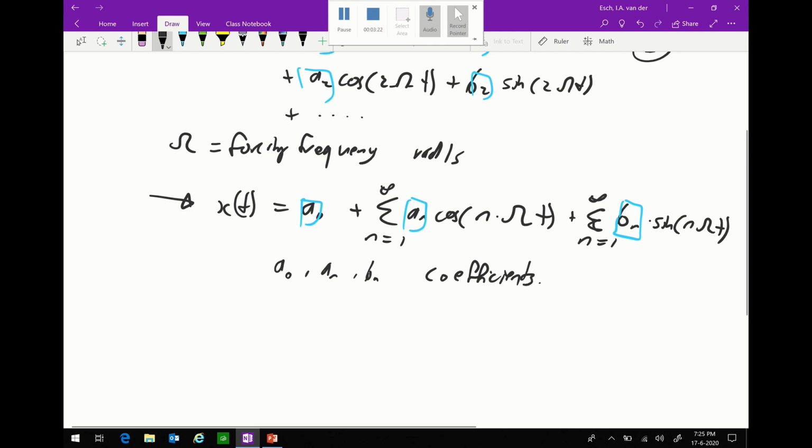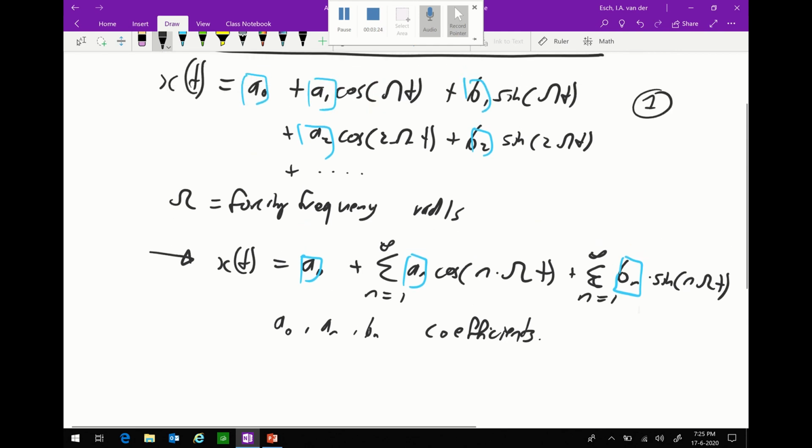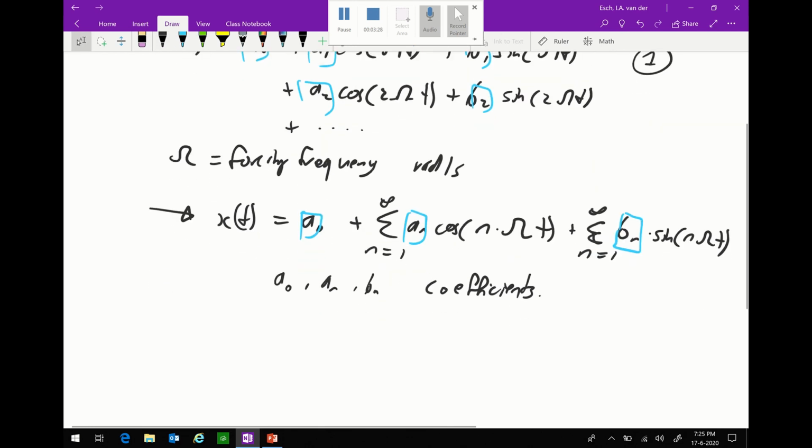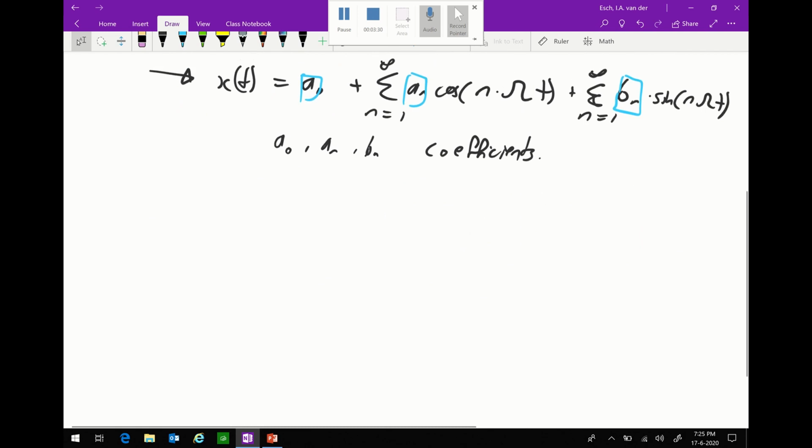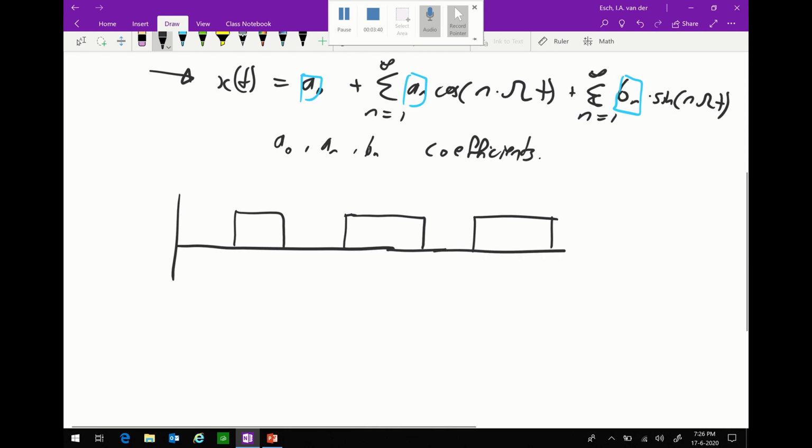So if we know those coefficients, we know how to represent a signal. For example, this signal or function. We know how to represent it with a summation of cosine functions and sine functions, like we wrote here in equation 2.